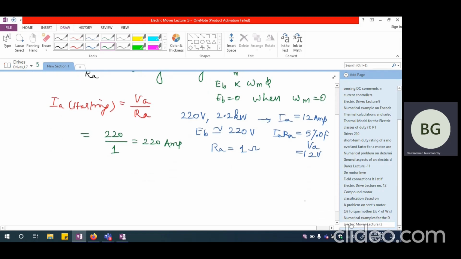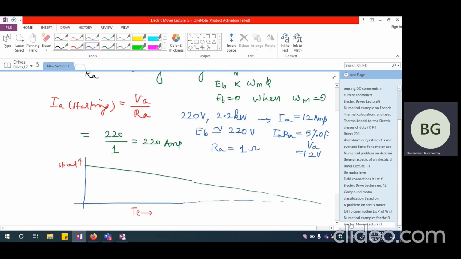If I have to plot this and show you where the corresponding torque is lying in the torque speed characteristics, say this is TE and this is the speed. Normally we drew the characteristics somewhat like this. You have to extend it in such a way that it meets the zero speed portion, so I extend this also as a straight line.